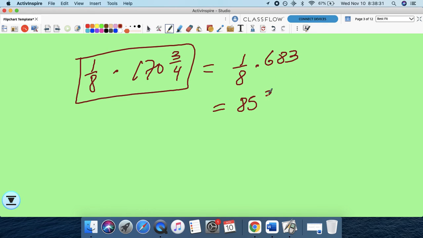And I have it as a fraction because I use a calculator, sorry. It's 683. You know what? Let me do it.